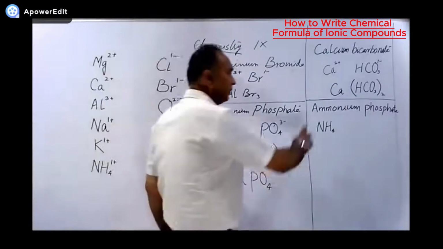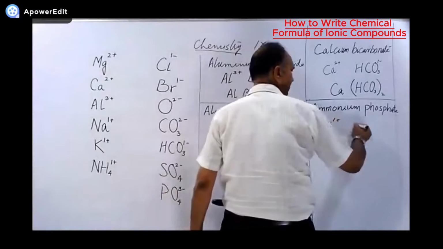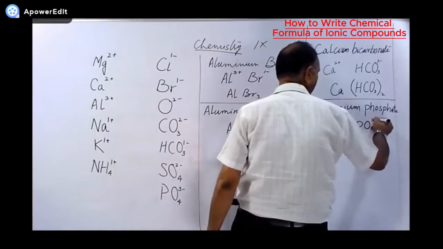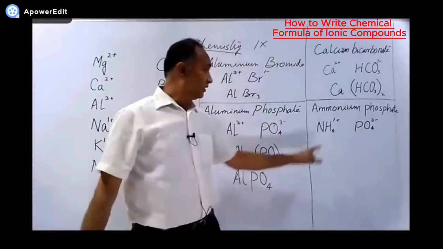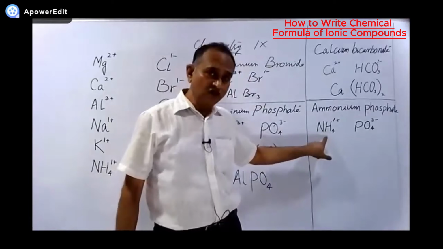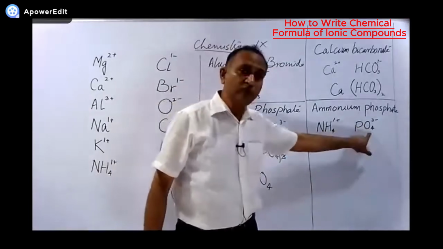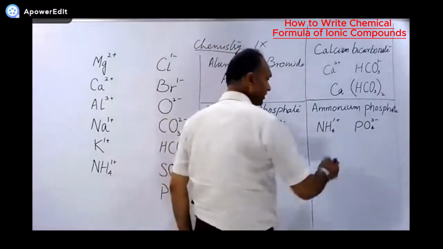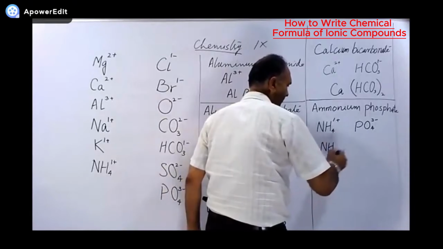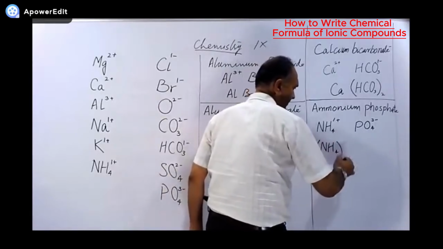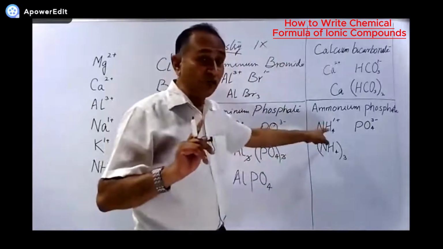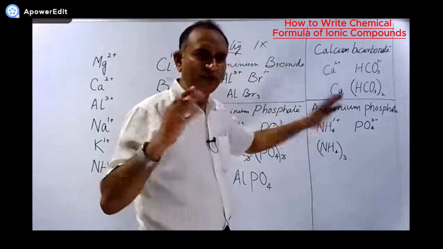Okay? Ammonium phosphate. This one is not a simple combination of nitrogen and hydrogen, so a bracket should be used. Let's see. Transferring the numbers. You are not concerned here with the plus or minus signs, leave them there.